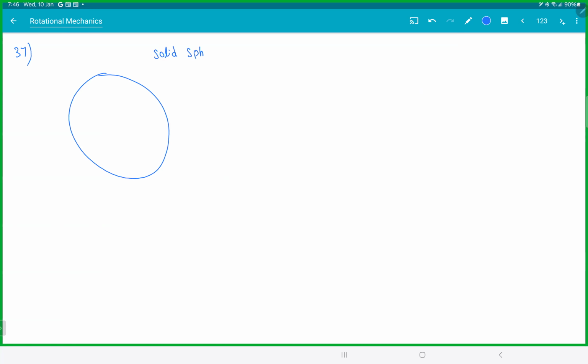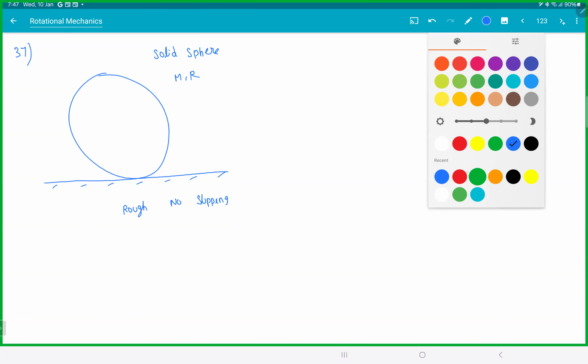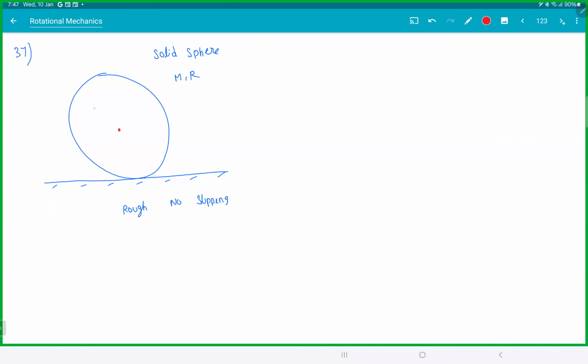We have a solid sphere, mass m, radius r. The ground is rough. There is no slipping. So this is the center. Someone is applying a force F at a height h.